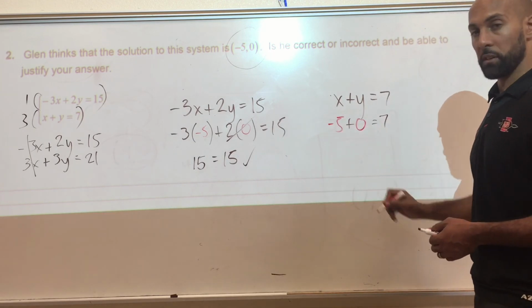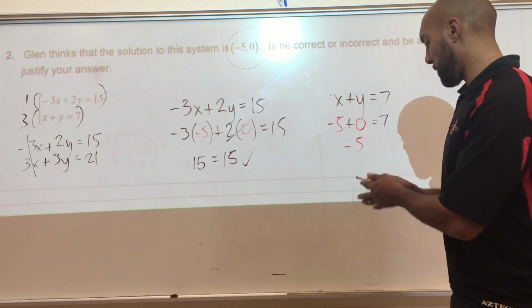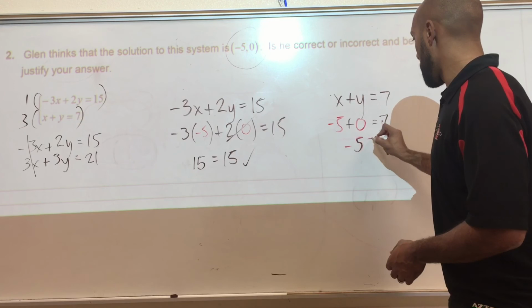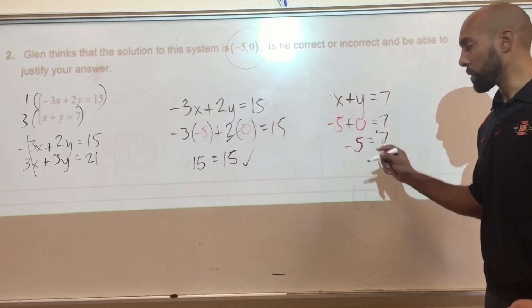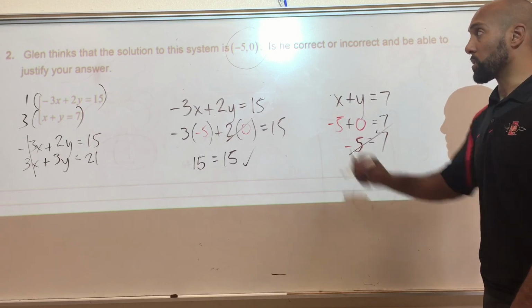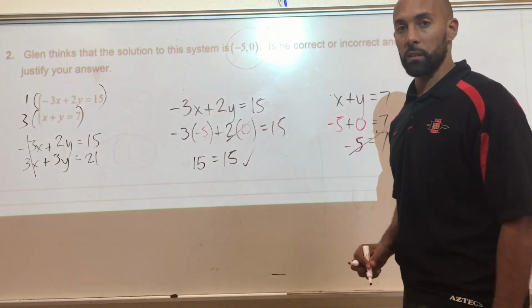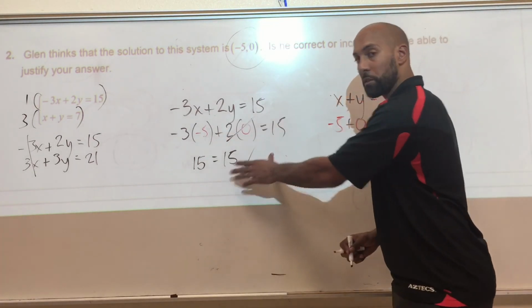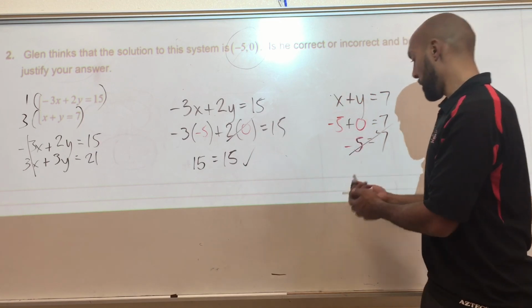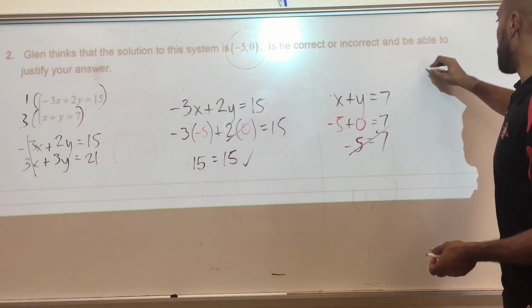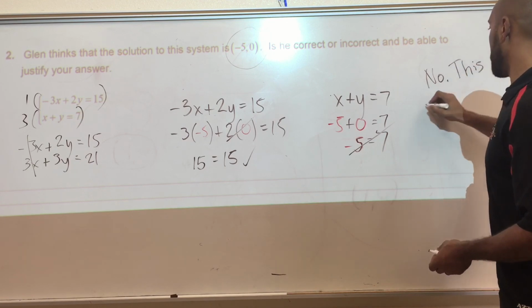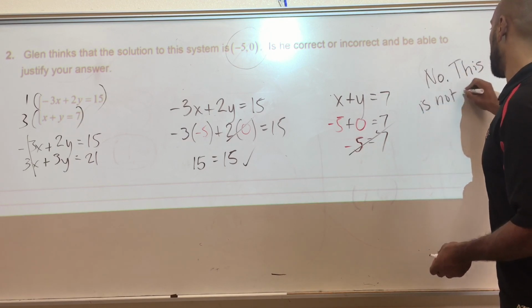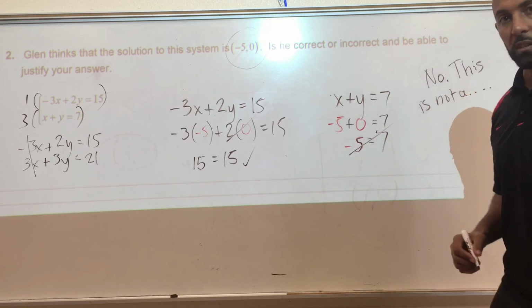Negative 5 plus 0, still negative 5, and then 7. And if you notice, that's not equal, obviously, right? That doesn't work. So this is not a solution to the system. It worked for one equation, but it did not work for the other. So then you would say, no, this is not a solution.